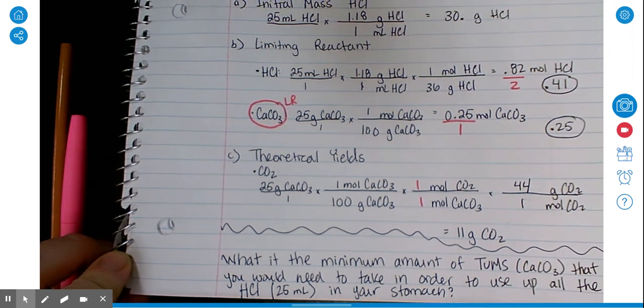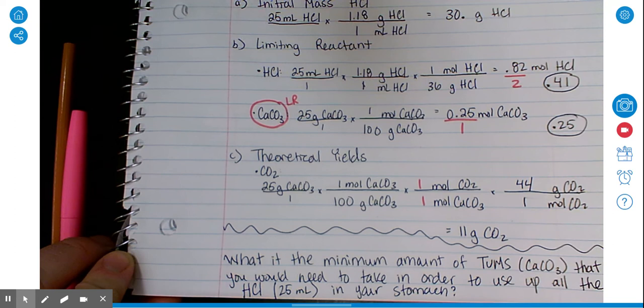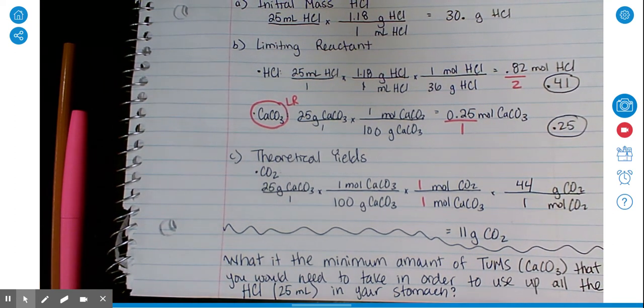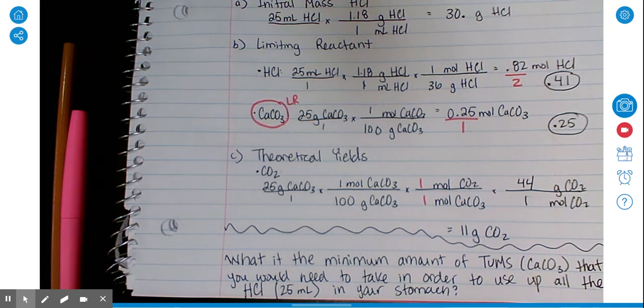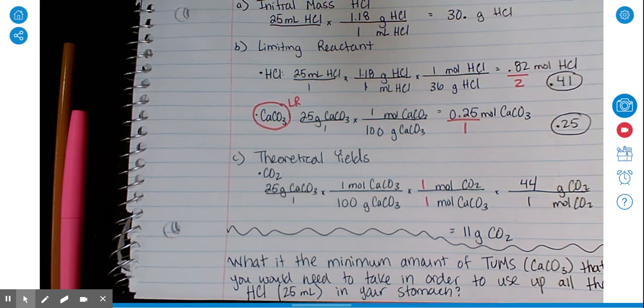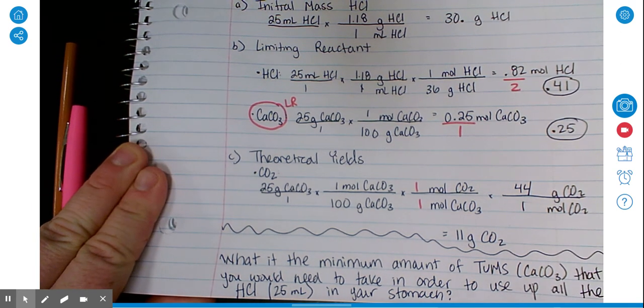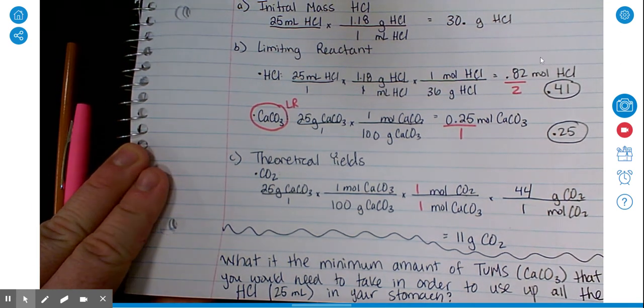So same type of question, just instead of using the limiting reactant, use the calcium carbonate and figure out what grams of HCl would be used up if all of that calcium carbonate was reacted with. But go ahead, I want you to finish the table and then answer this bottom question.